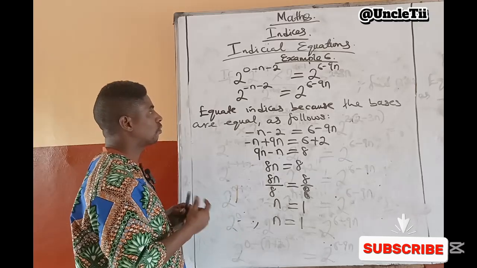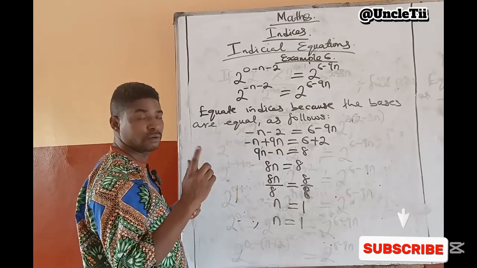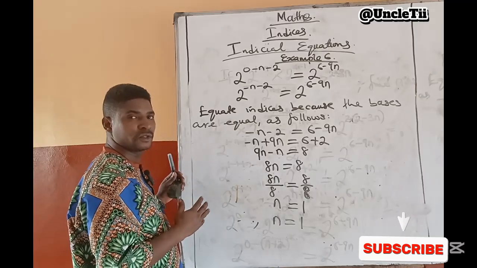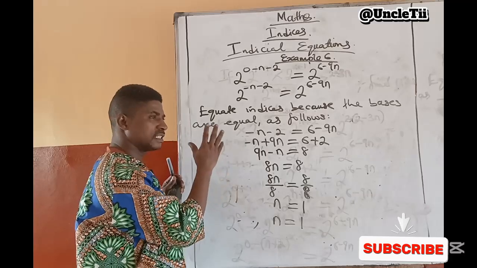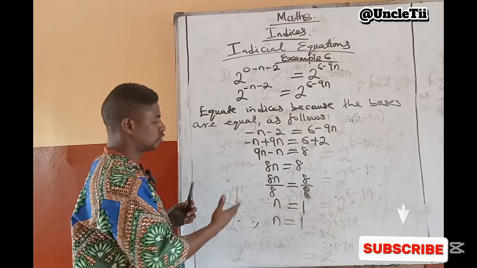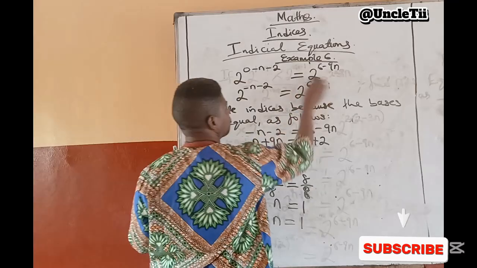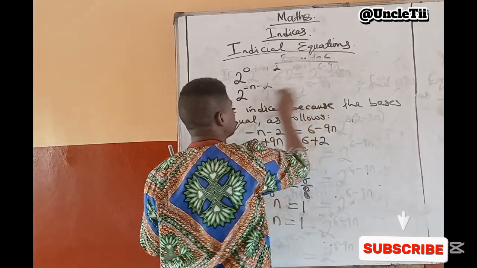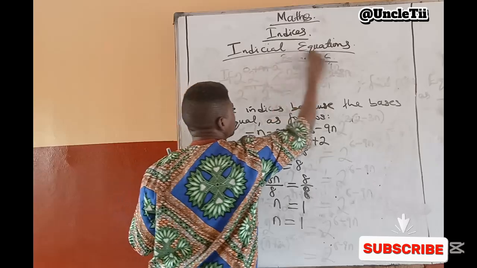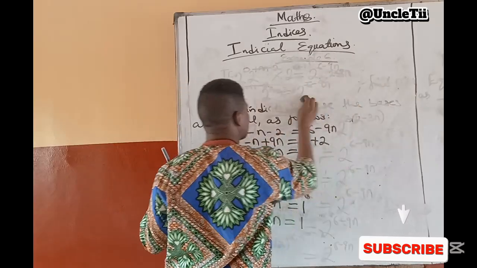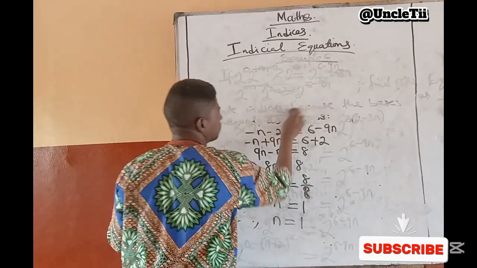I'll give you, esteemed scholars, one speed work that you would use to determine the extent to which you have grasped this concept of indicial equations. It's not going to be difficult. On the contrary, it's going to be very easy.